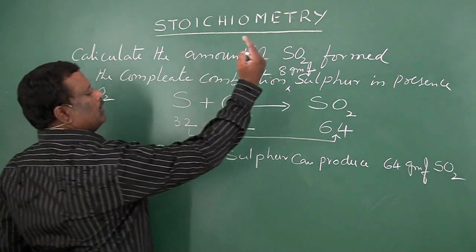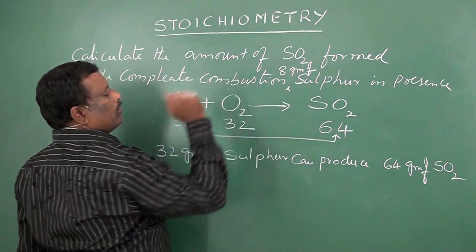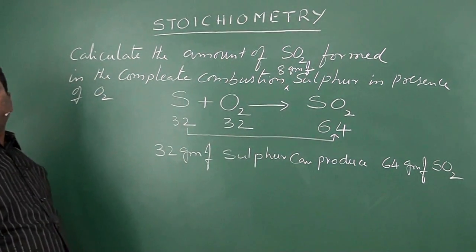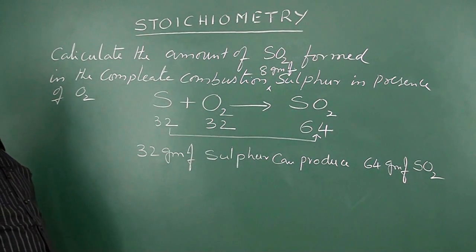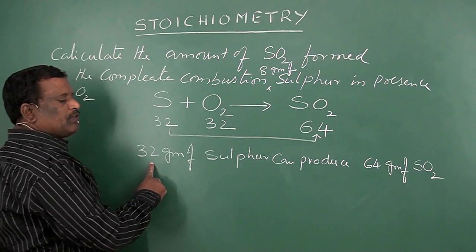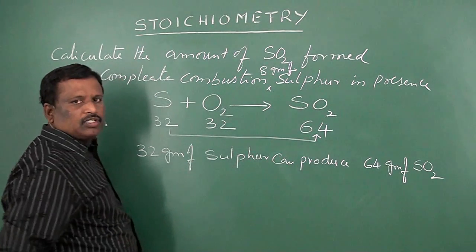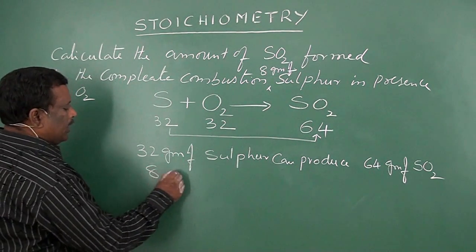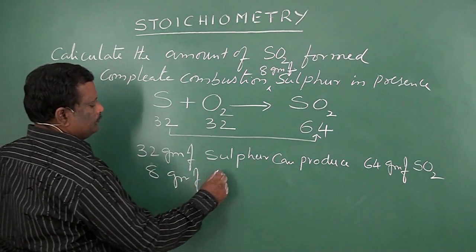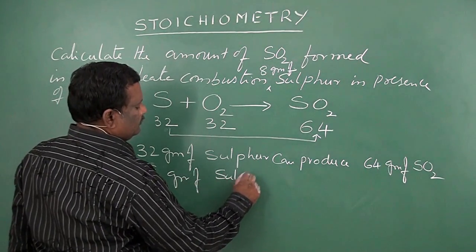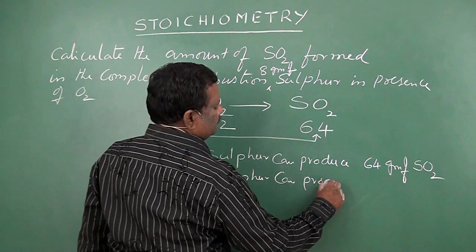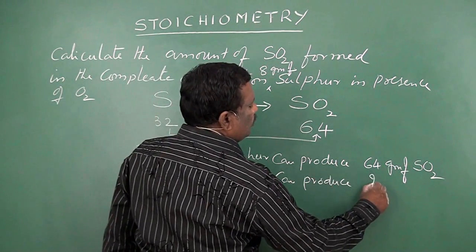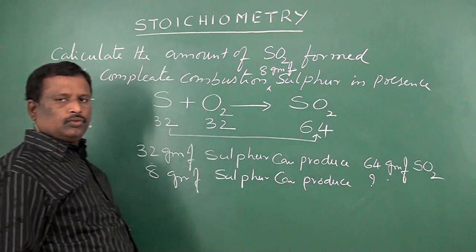Now what is the problem? The SO2 produced from 8 grams of sulfur. If 32 grams of sulfur can produce 64 grams of SO2, 8 grams of sulfur can produce how many grams of SO2?